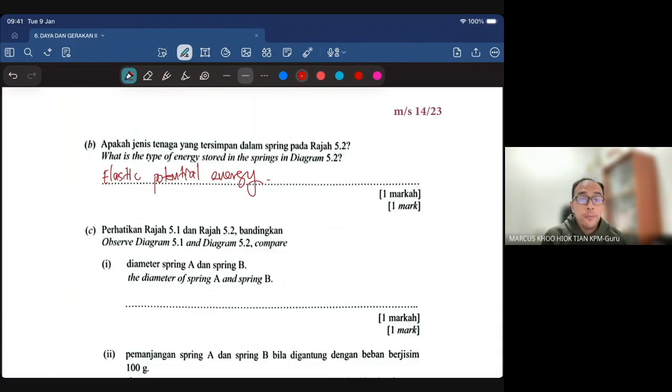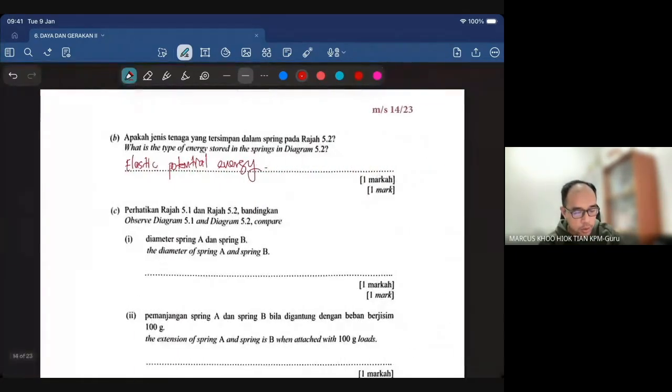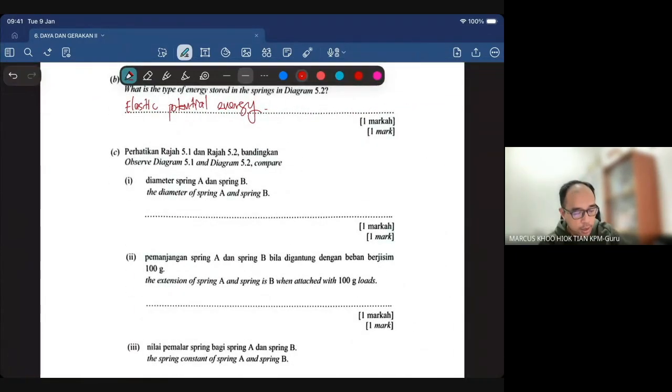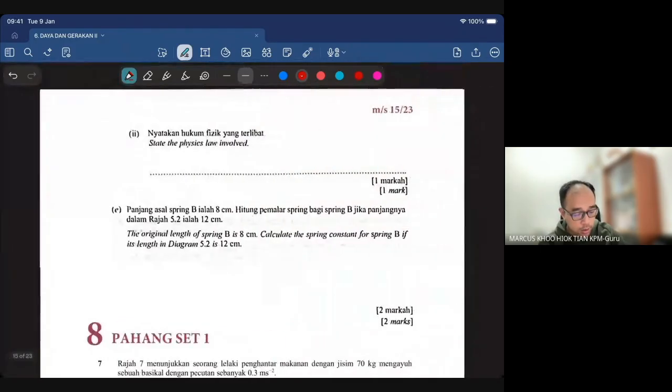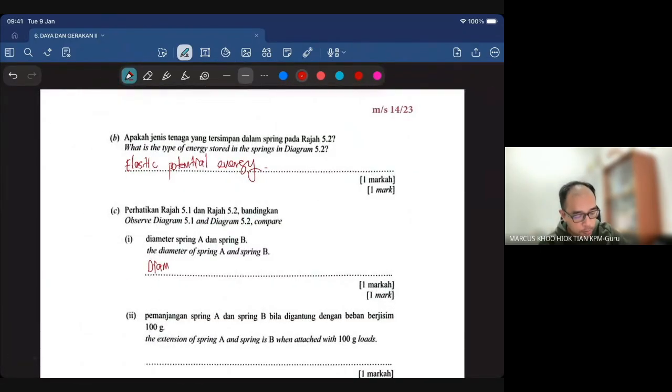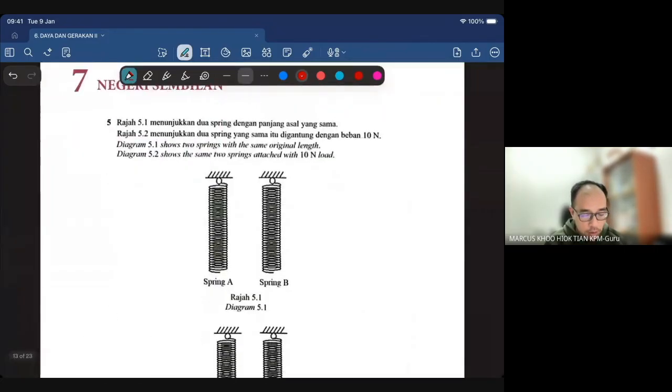Compare the diameter of spring A and spring B. I think I would say the diameter is the same. Wait, does it tell me to? Yeah. The diameter is the same. Unless my eyes fail me, it looks the same to me.